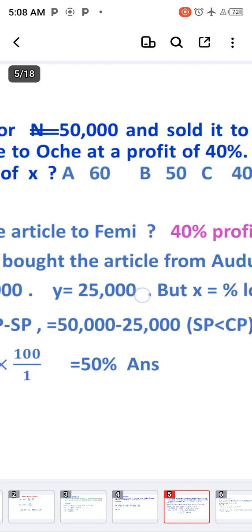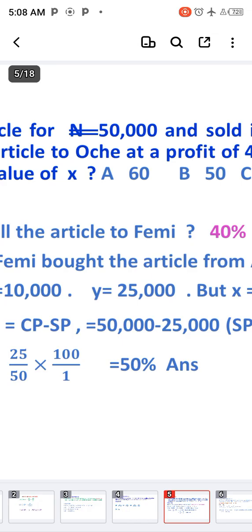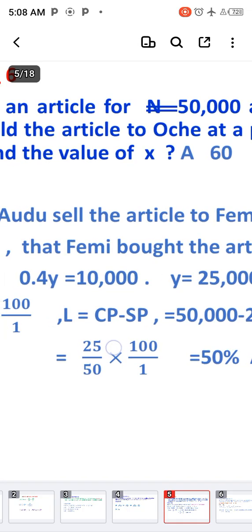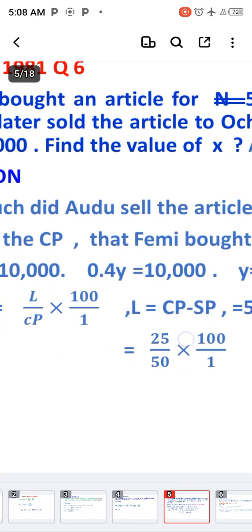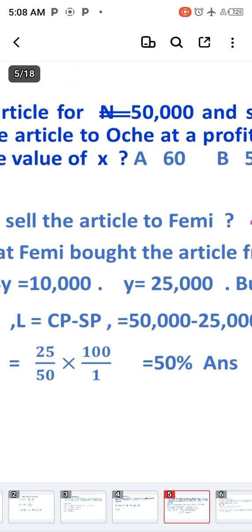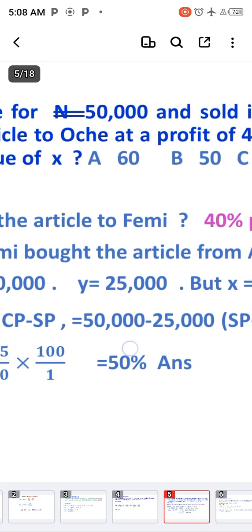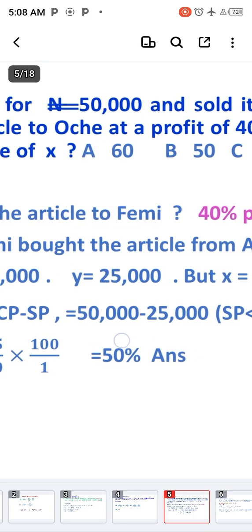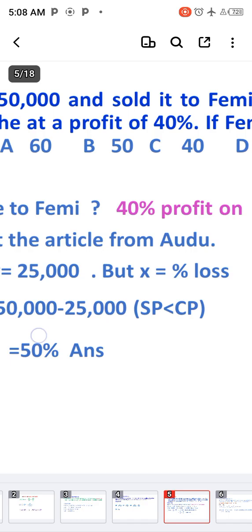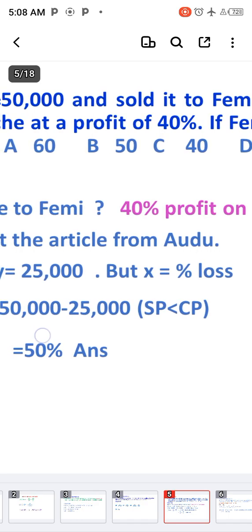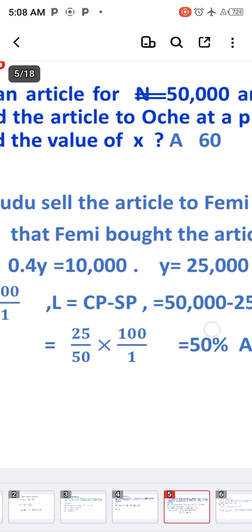The loss is the cost price of the article, that is what Awudu bought the article for, minus what he sold the article to Femi for. Then the loss now is 50,000 minus what? 25,000, which is equal to what? 25,000.